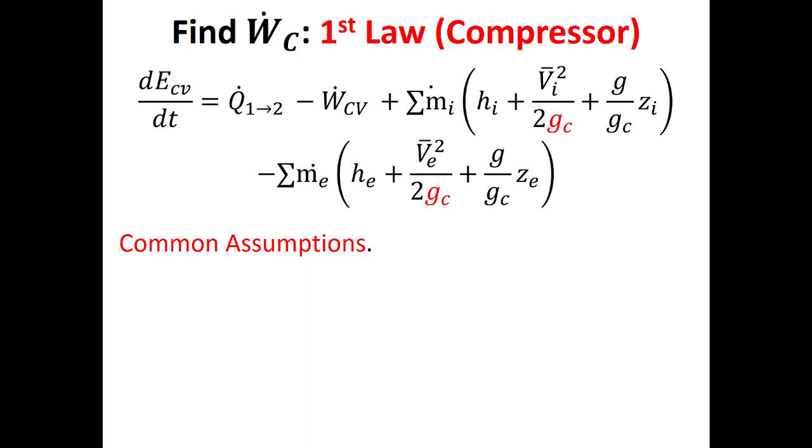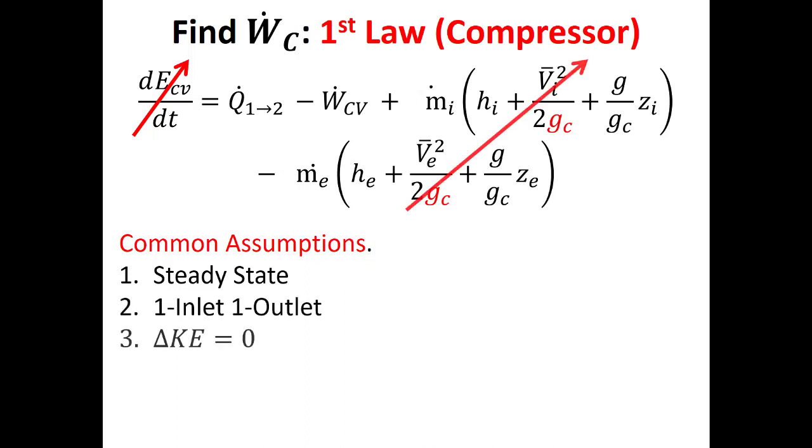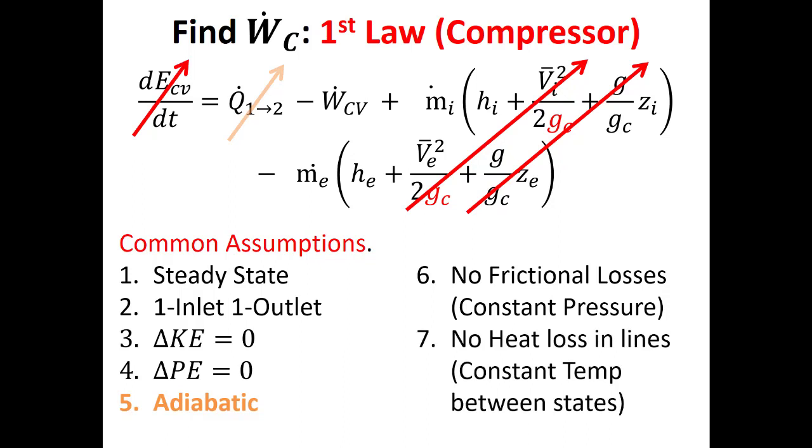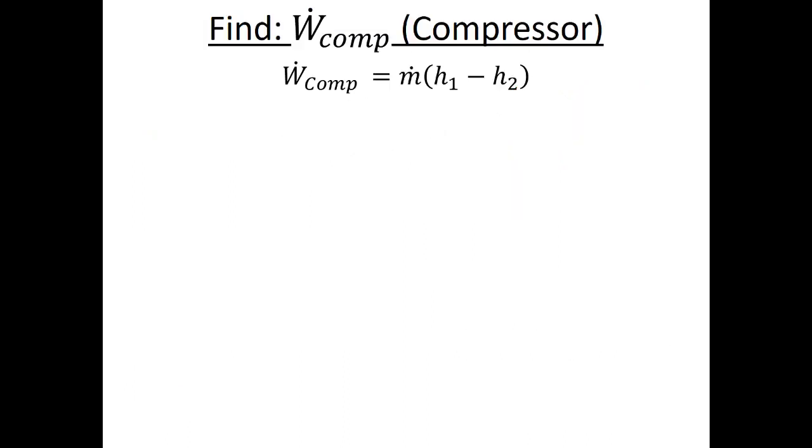Next, we'll do a first law analysis on the compressor. Here, we assume that it's at steady state, one inlet, one outlet, no change in kinetic or potential energy, that it's adiabatic, so I can cancel out that Q dot term, and that there's no friction losses and no heat losses across the compressor or between the compressor and any other component. So now, the power consumed by my compressor is given by m dot times h1 minus h2.